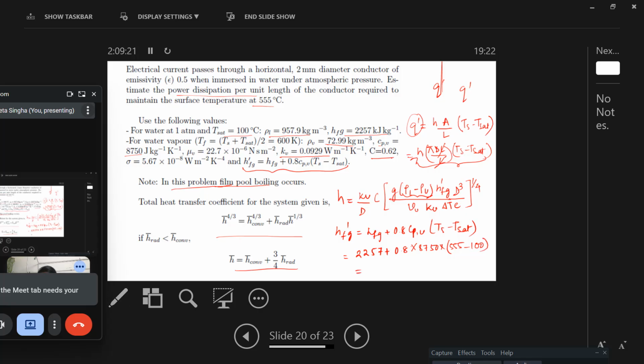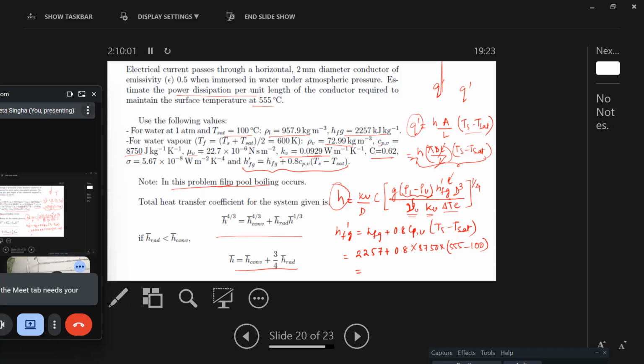So we get some value here. That value we put here, and this nu_v is actually the new V, which you can just calculate by mu divided by rho, then k_v is this, delta T is again Ts minus T sat.